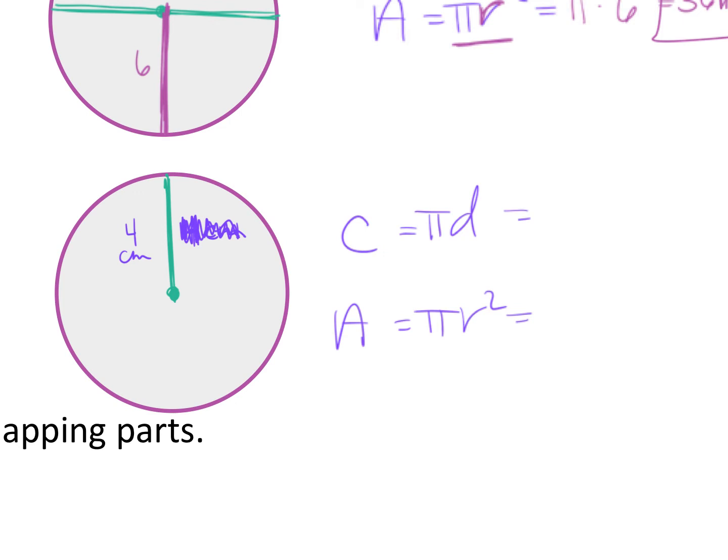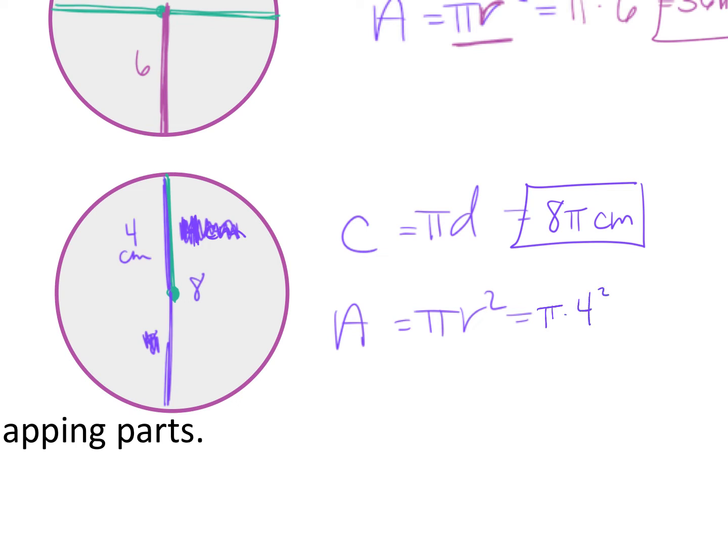The diameter would be 8, right? If the radius is 4, then the whole distance across is 8, okay? So pi times diameter is 8 pi centimeters. What's the area? 16 times pi, right? It's pi times the radius squared. So that's 16 pi. And how do you label area?